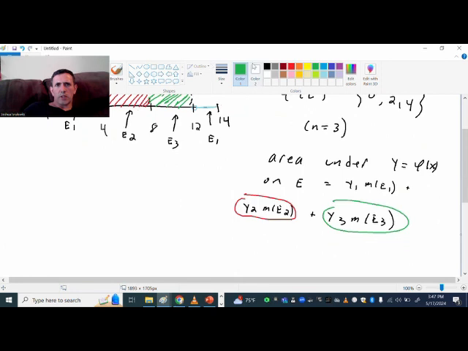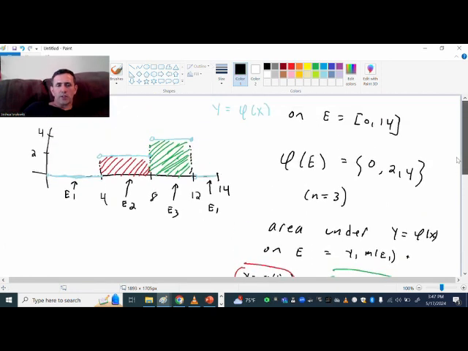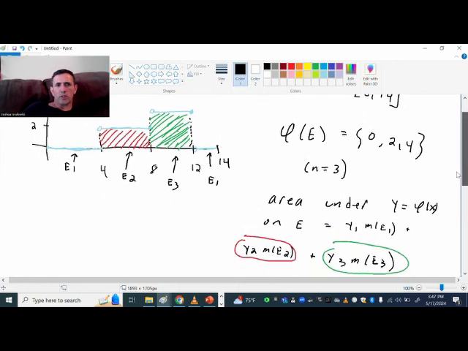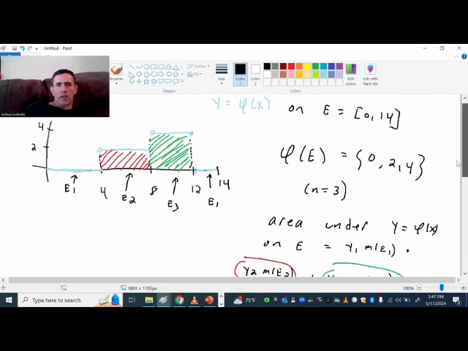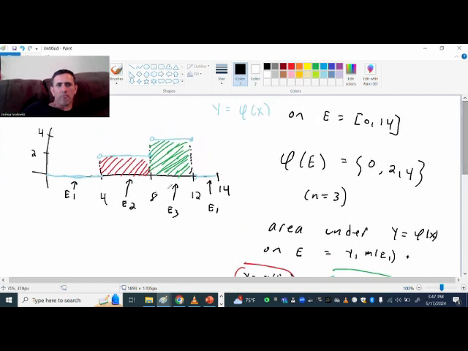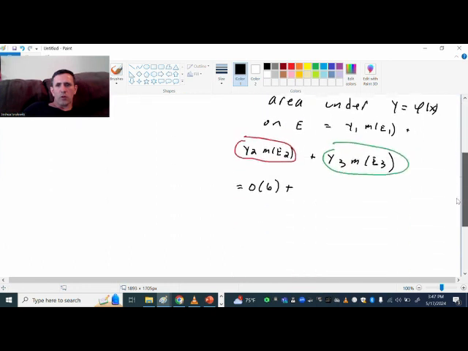So explicitly, this is obviously 0, not that it matters, 0 times 4 plus 2 is 6. The measure of E1 is obviously 6. Y2 is 2, and the measure of E2, 8 to 4, is 4.